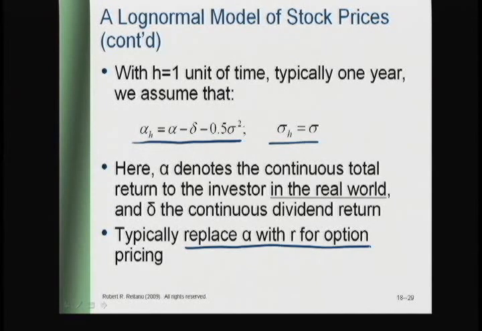We want to assume that the continuous total return to investors is R, the risk-free rate. So in various models, whether they're binomial lattice or these log-normal models, you'll see this switch. It's common to use alpha when you're working with a model in the real world with real-world prices, and you switch alpha to R when you're trying to build a model with which you can price options.